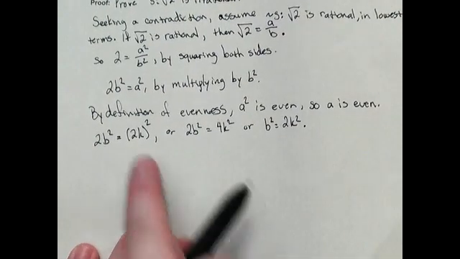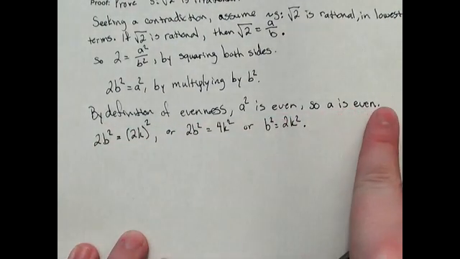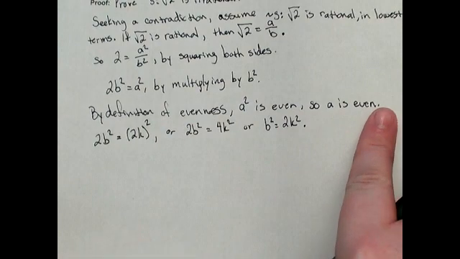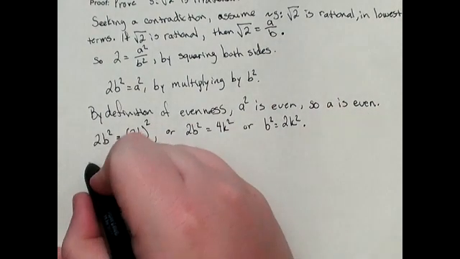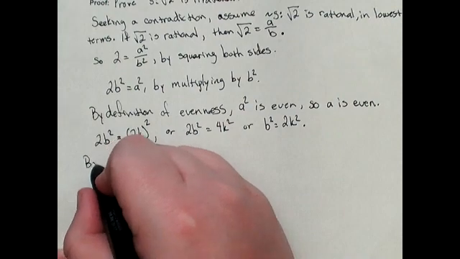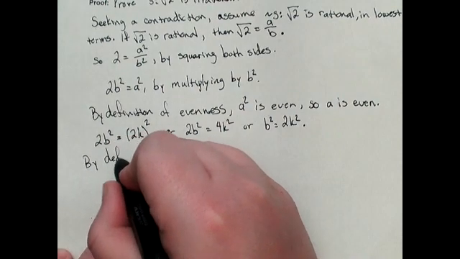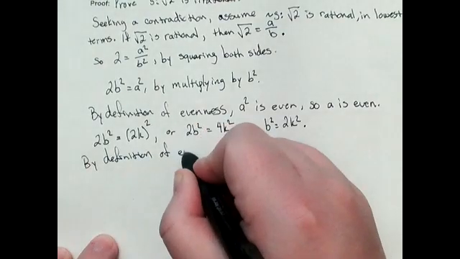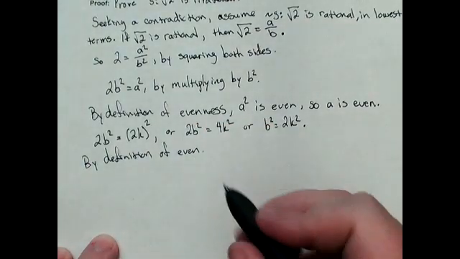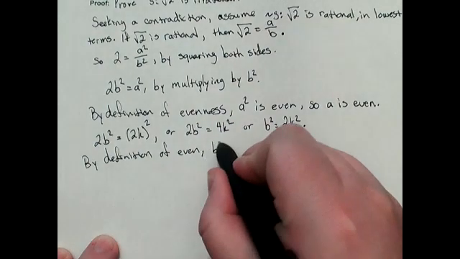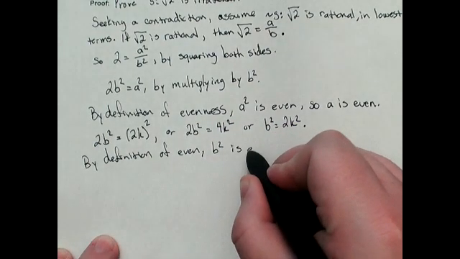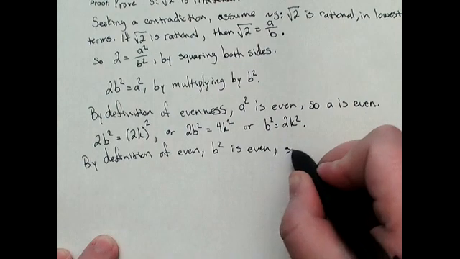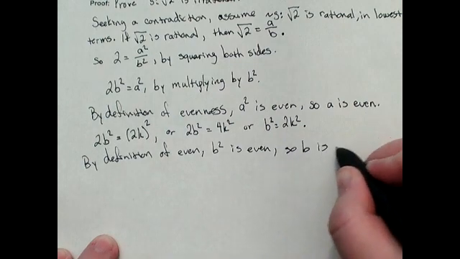So from here, we can actually use the same argument we just used, but replacing the a's with b's. So by definition, b squared is even. So b is even.